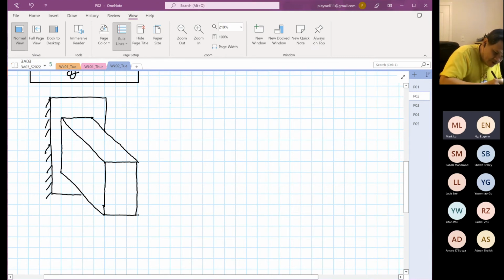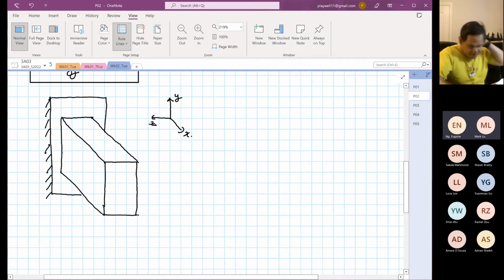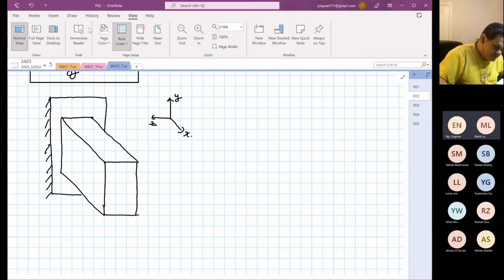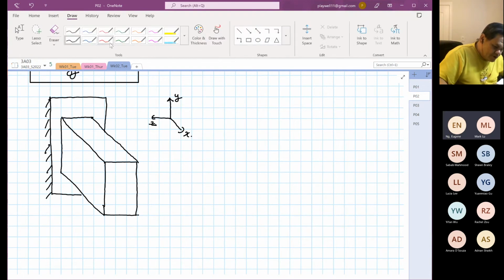I will sketch out our transformation. So this will be our X, Y, and this is our Z. Okay. Then I'm going to sketch our centroid.